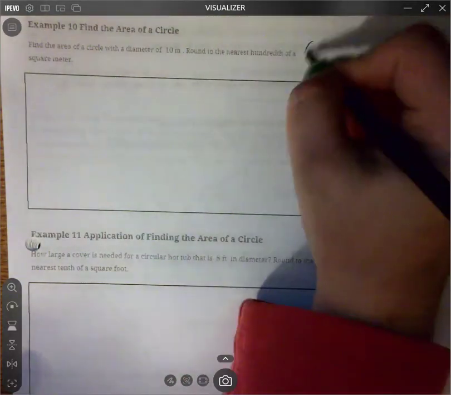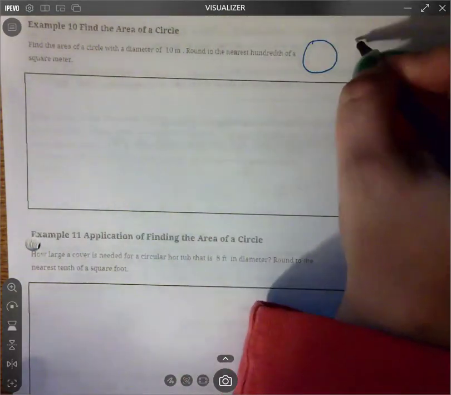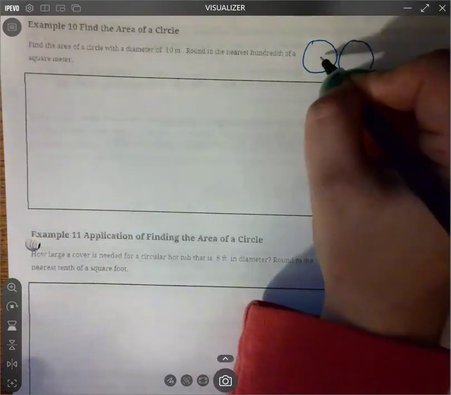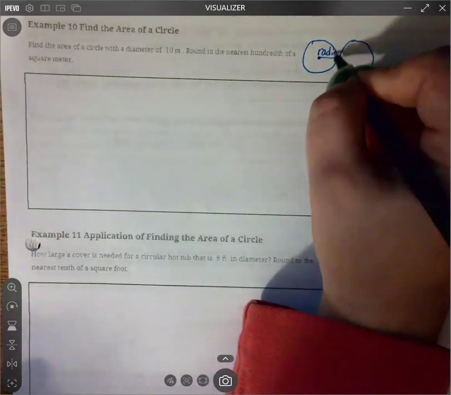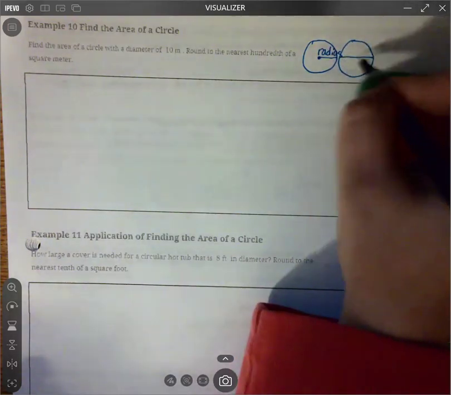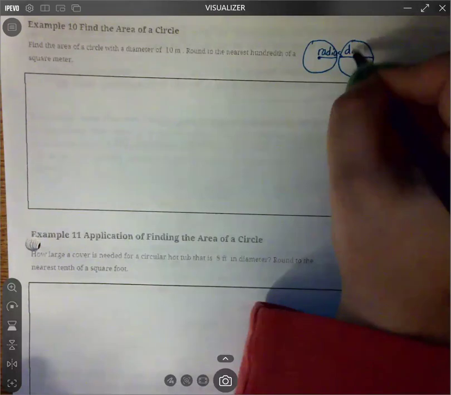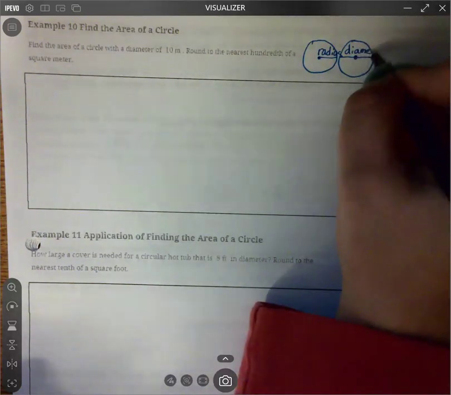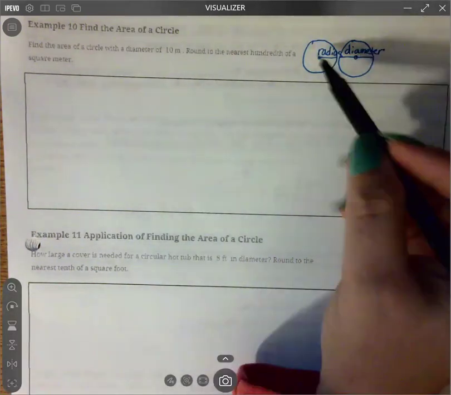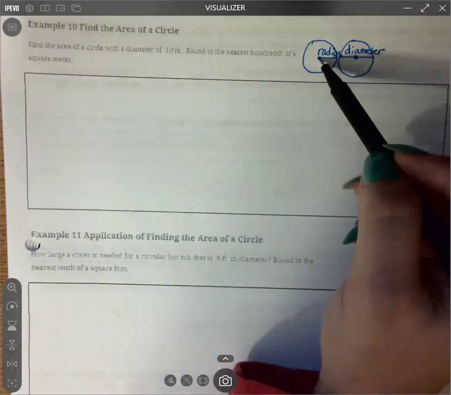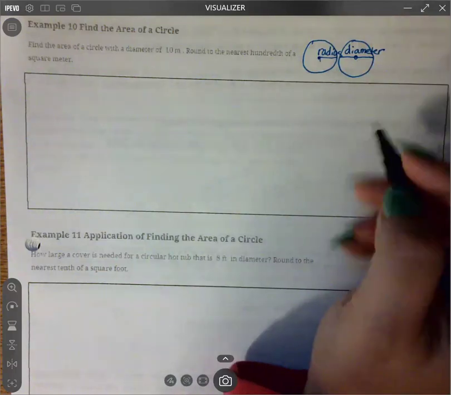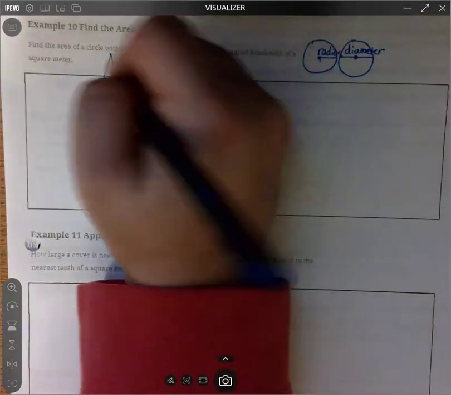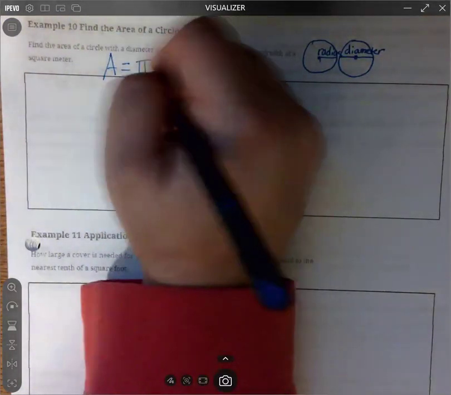Keep in mind, when we were doing circumference, we talked about the fact that the radius goes halfway across and the diameter goes all the way across our circle. The radius starts at the center, and the diameter must go through the center. The area of a circle formula is pi r squared.